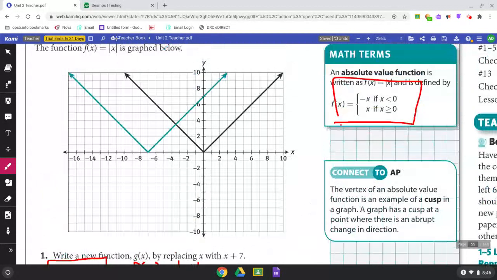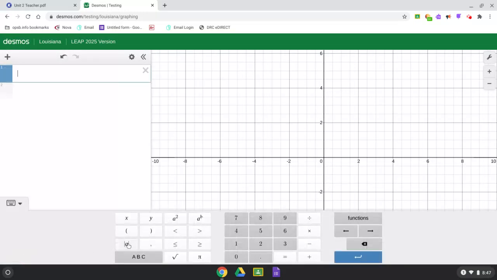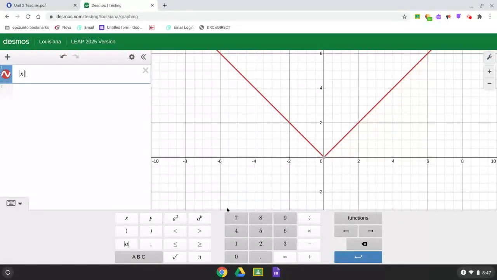So this is where you need to go to Desmos, and you type in the absolute value that is on this little keypad here. You see this absolute value with A. If you type in that absolute value and you click x and you click it again to close it, you see the absolute value of x graphed for you.